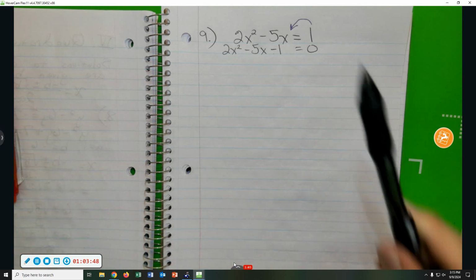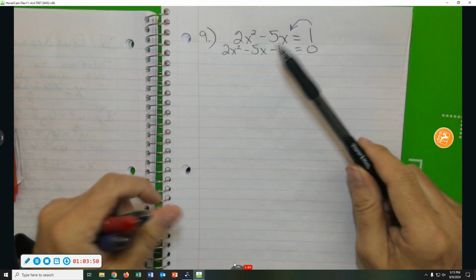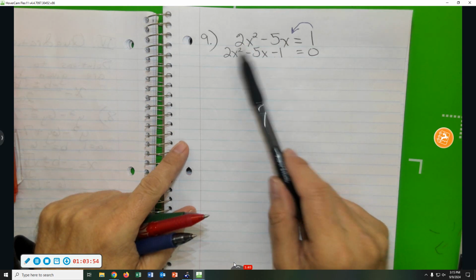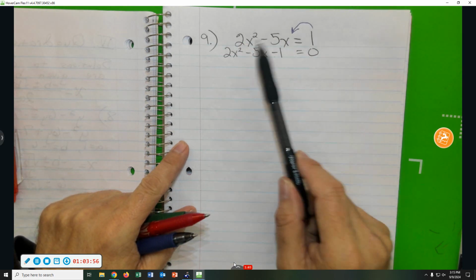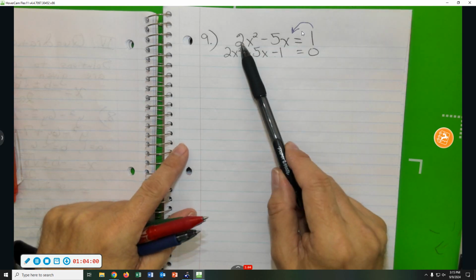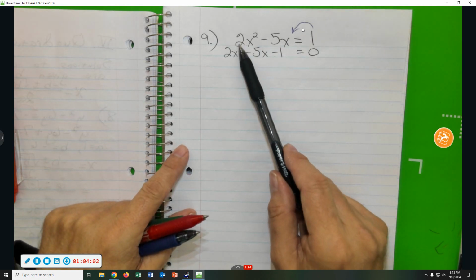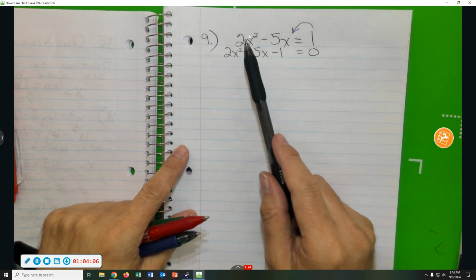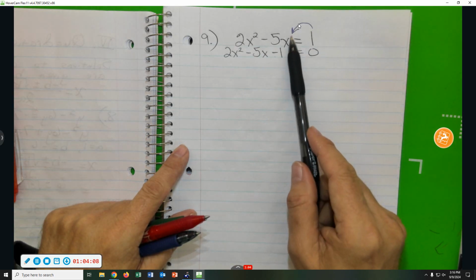Oh, by the way, one thing you would not want to do, you don't want to pick these terms up and move them over to the right, because if you pick this 2x squared up and move it over, instead of a positive 2x squared, what are you going to have? A negative 2. That's why I'm moving the 1 to the left.